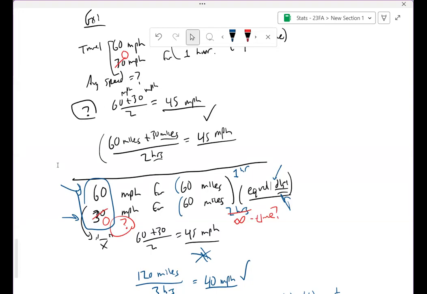But I get a number out that is not really helpful, right? The idea of the average speed is, if one car was driving a variable speed and another was driving a constant speed, what speed would the constant speed car have to drive so that they both get to the destination at the same time?